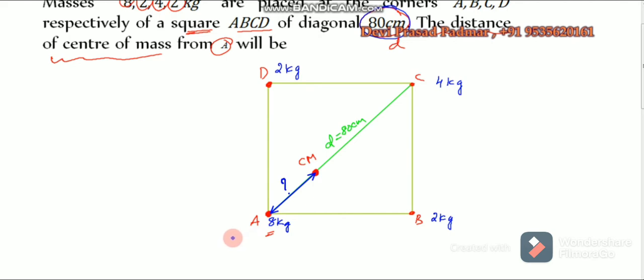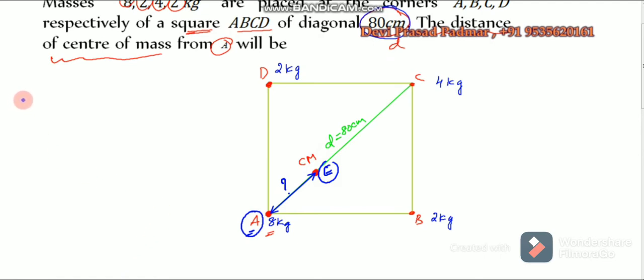So how to calculate this? To get the distance, if you know the coordinates of each point, for example the coordinates of point A and the center of mass, which you can name E, then you can calculate the distance using the distance formula.